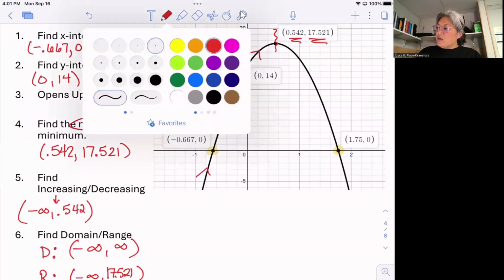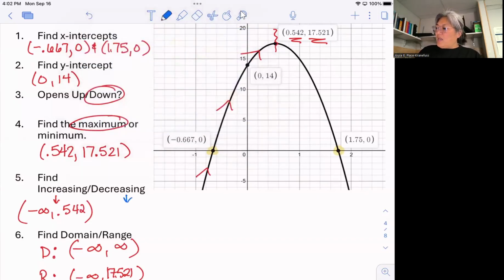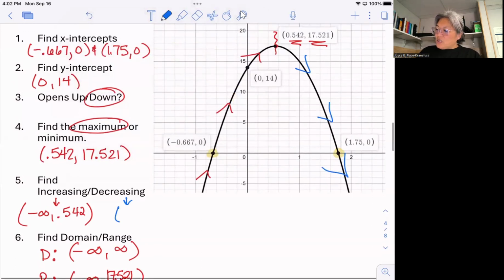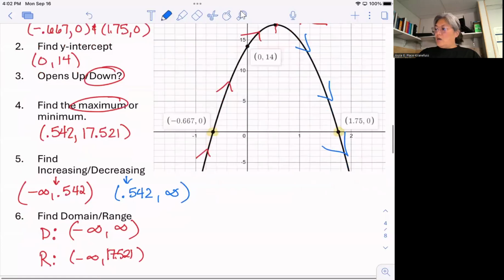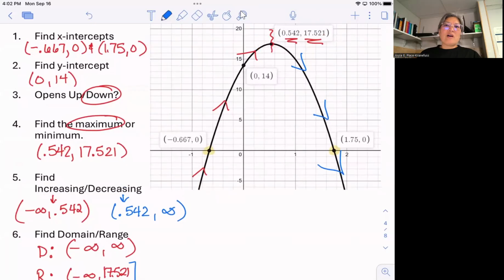From there, it flips, and now it is going down. So it starts going down at 0.542 to positive infinity. This shouldn't be a parentheses, people. It should be a bracket because it actually does touch that value.